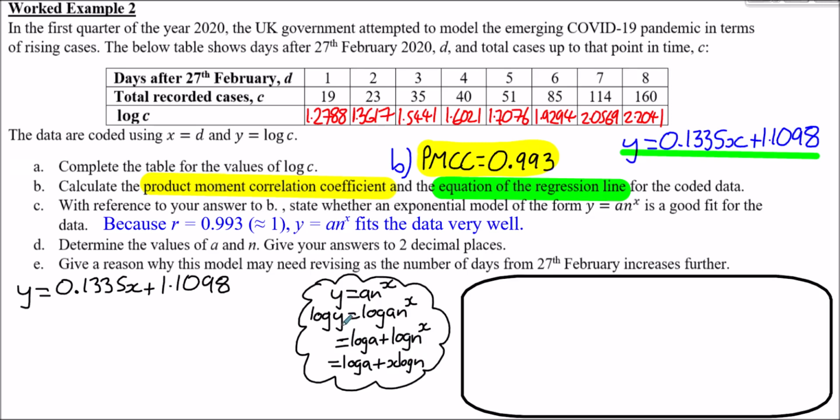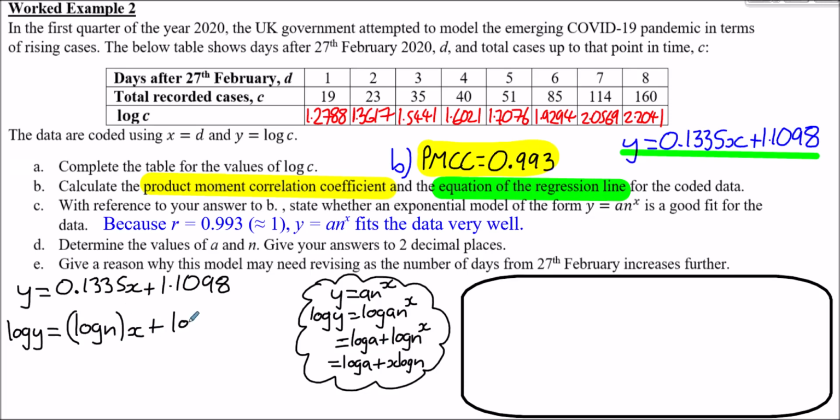So I'm going to write this underneath here so we can compare and contrast which variable relates to which thing. So log y, now we've got the x stuff first, so I'm going to put this as log n times x. x log n is the same as log n times x. Then plus log a.